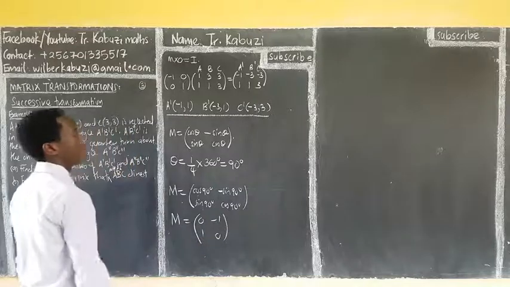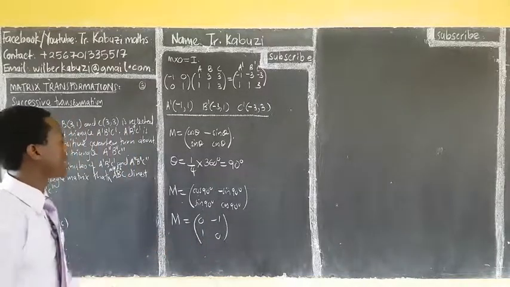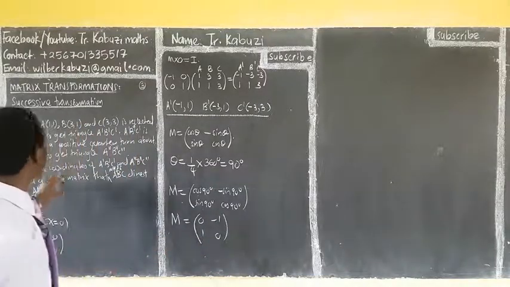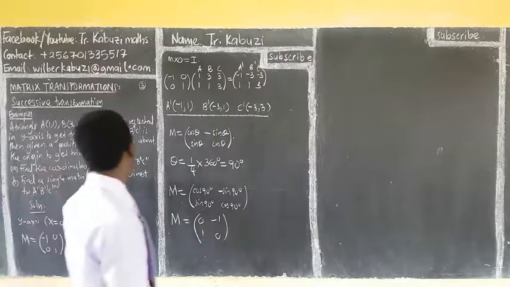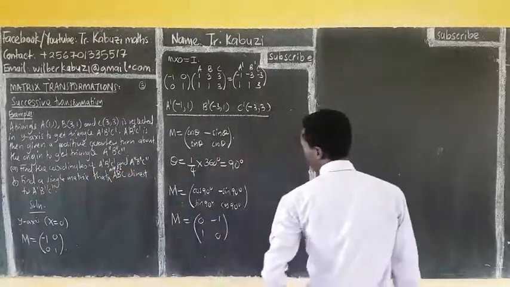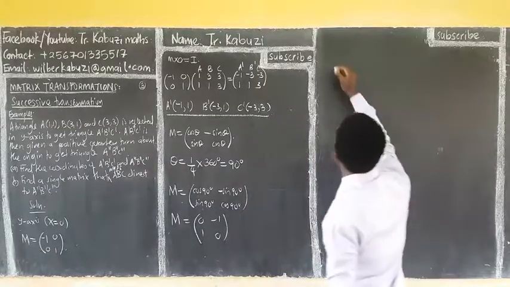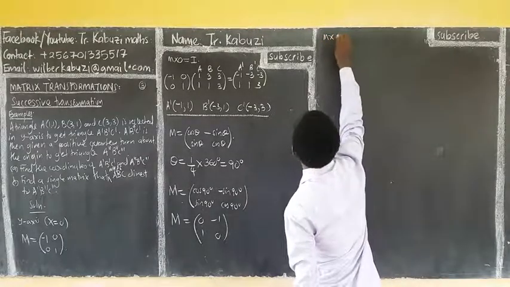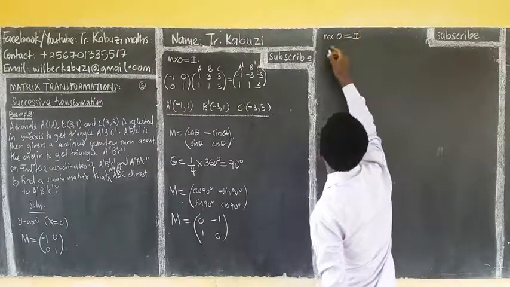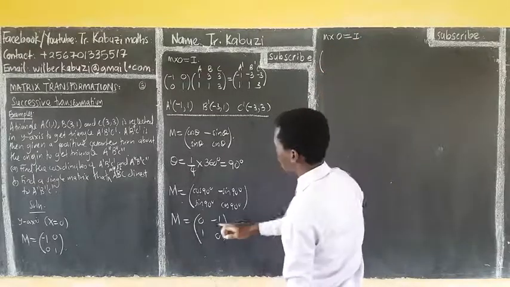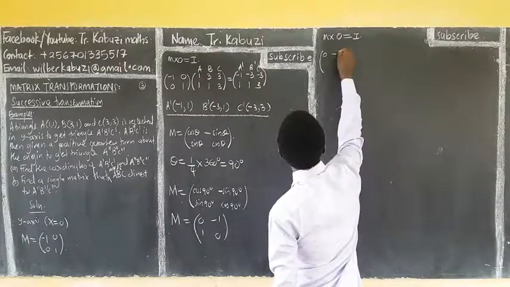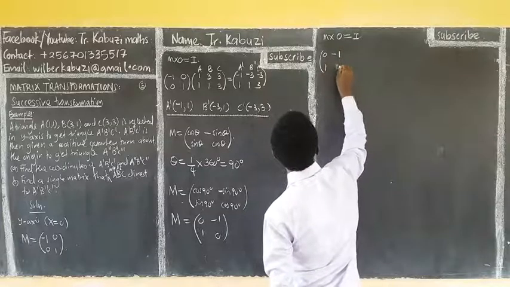You just place them on a calculator. So this is our matrix of transformation from A prime, B prime, C prime to A double prime, B double prime, C double prime. So now M times O, I should get the image. My matrix now is 0, negative 1, 1, 0.